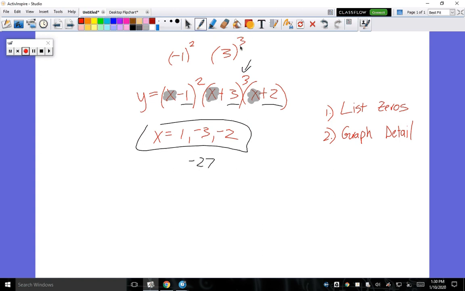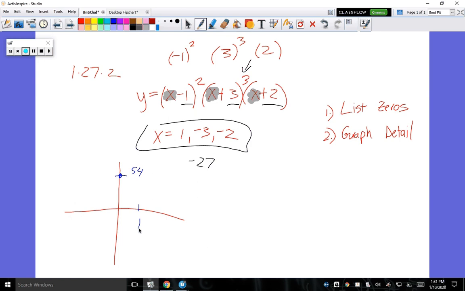There's the O moments. This becomes 2. And that's when you find the y-intercept. What's -1 squared? 1. What's 3 cubed? 27. What's 2 times 27? 54.